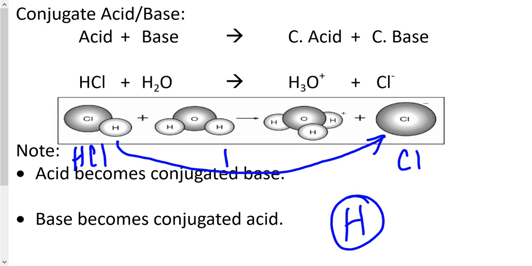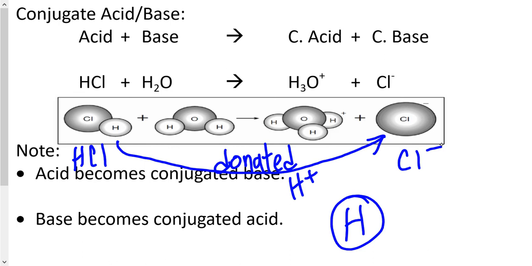HCl donated a proton, or H plus ion. That's what happened. And because of that, HCl became Cl minus, just the chloride ion. And that's also one way for us to figure out that HCl in this case is an acid, because it donated H plus according to Bronsted-Lowry theory or alternate theory.